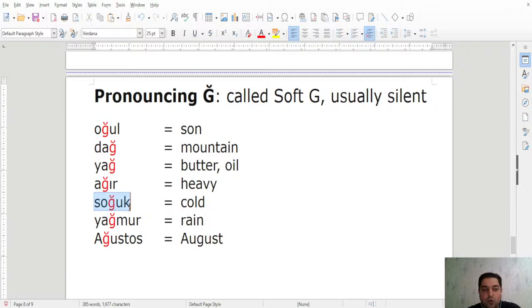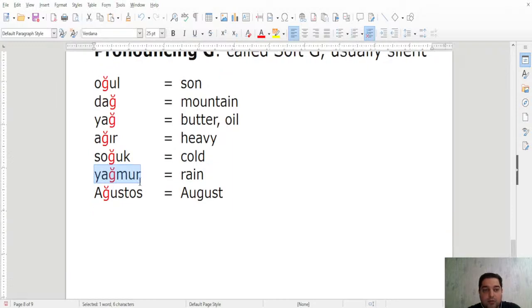Then you have soğuk, which is cold. Soğuk. Here you don't necessarily prolong, but it's just kind of silent. Then you have rain, yağmur, right? Yağmur. Now you're prolonging A here again.